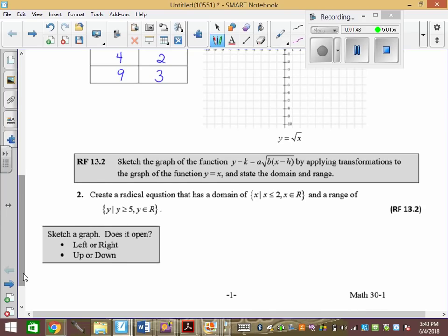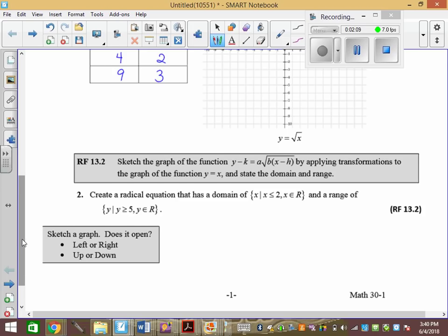Sketch the graph of the function y minus k equals a square root of b times x minus h by applying transformations to the graph of the function y equals square root x and state the domain and range. So we have: create a radical equation that has a domain of x is less than 2.